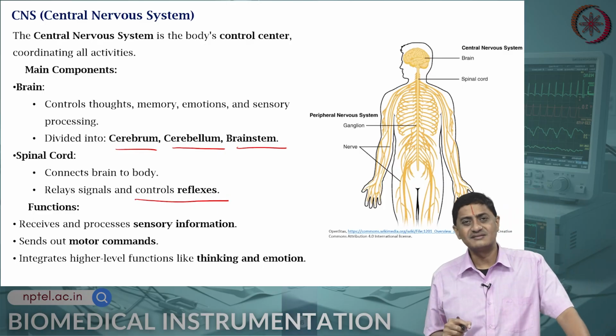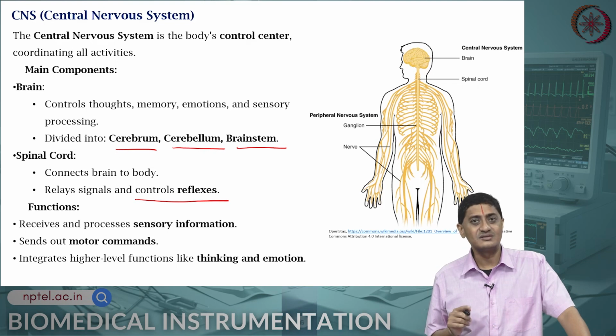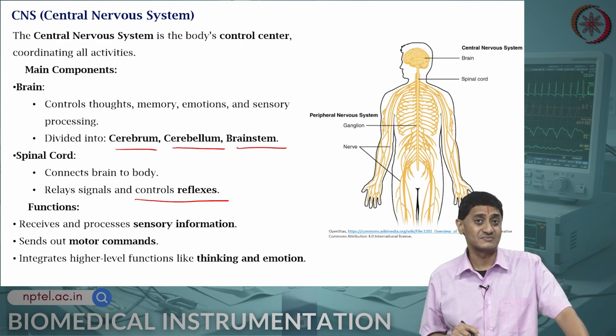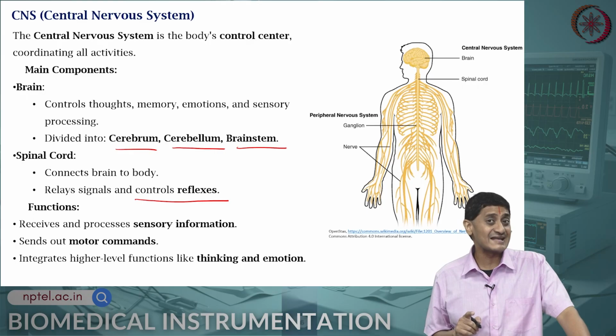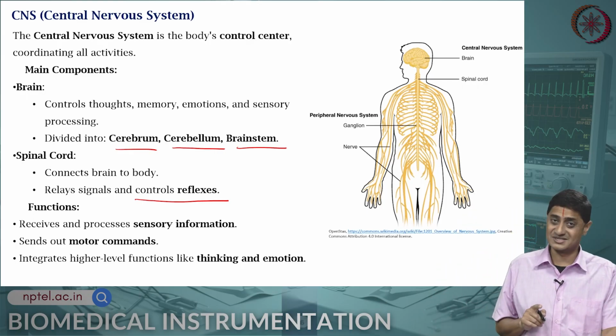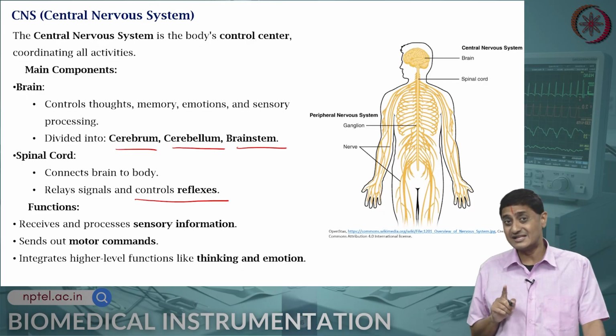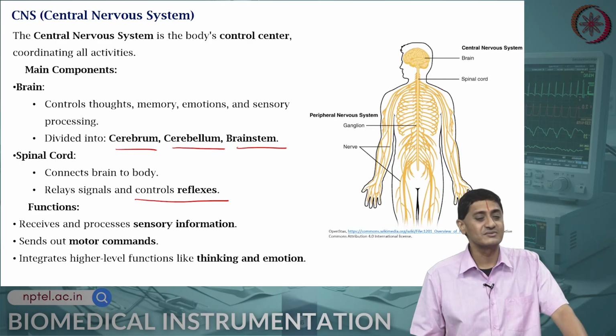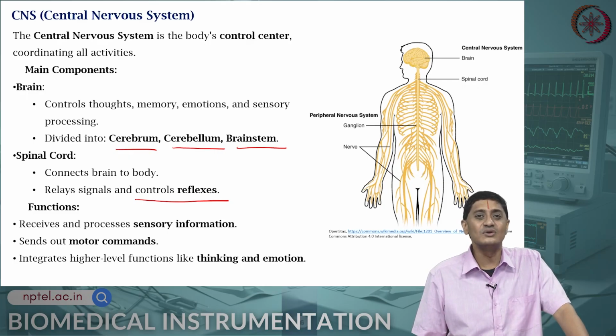Important to note is that in the adult CNS, neurons cannot regenerate. That is a classic difference. In the adult human central nervous system, neurons cannot regenerate. Very important to note. Second, reflexes do not involve the brain.